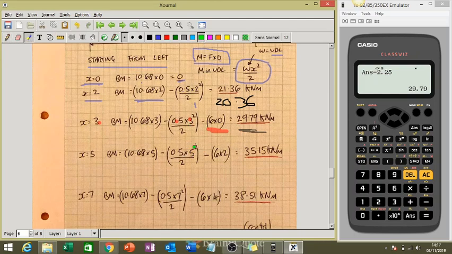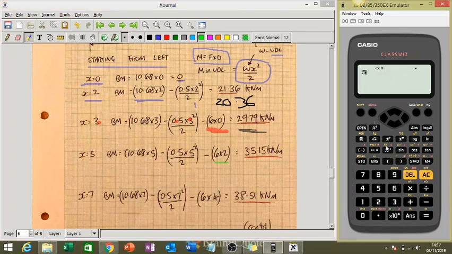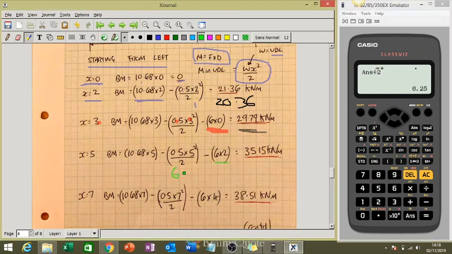is this number here. And now we're 2 meters past the 6, so that kicks in. So 5 squared times by 0.5, sorry. So 5 squared, 0.5 equals that. Divided by 2 gives me 6.25.